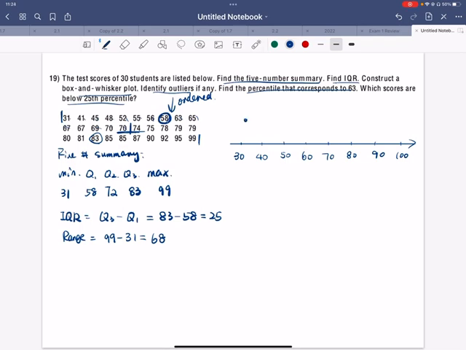So minimum is 31. Q1 is 58. Q2 is 72. Q3 is 83. Maximum 99.